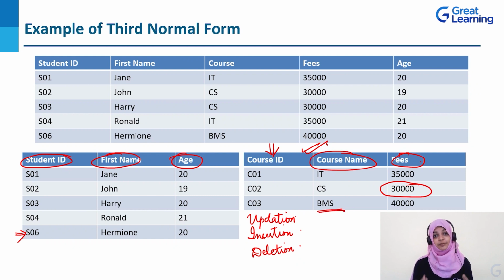Since the course is still being opted for, it will be accounted for and sustained within the course table. This is how we have eliminated both transitive dependency, and we've also eliminated the possible anomalies that could crop up here, namely the updation, the insertion, and the deletion anomalies.